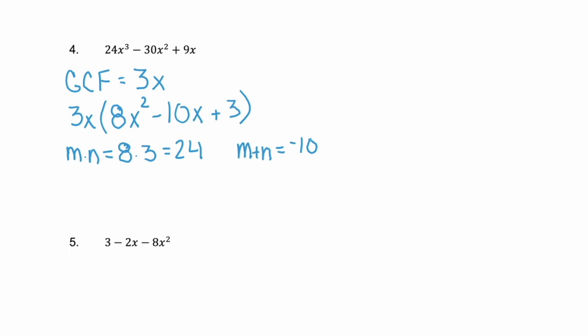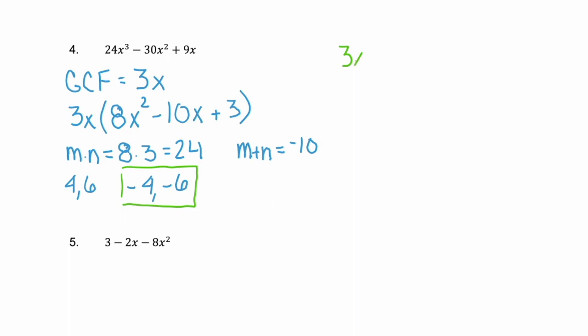So what are the factors of 24 that add to 10? Well, 4 and 6, or negative 4 and negative 6. Well, the only two that will multiply to a positive 24 but add to a negative 10 are negative 4 and negative 6. So we use those two factors to rewrite our middle term.